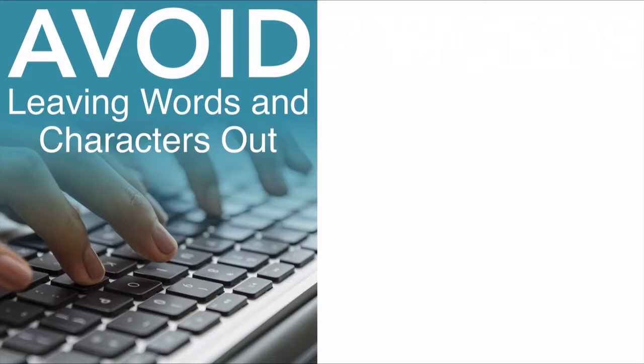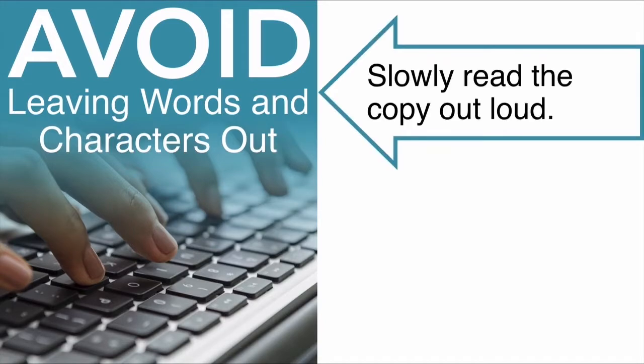So here are a couple of ways that you can avoid leaving words and characters out when you are proofreading. How can you catch this error? The first one is to slowly read the copy out loud. And of course, the copy is just the words that you are using in your document, also known as copy.